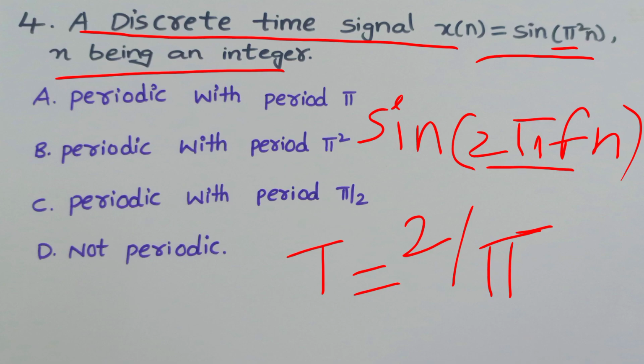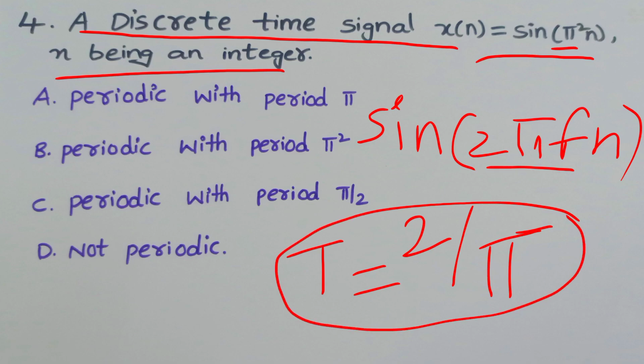Always remember the time period should be in terms of integers only. There should not be even a single imaginary part or a single pi component. The time period of a periodic signal should be in terms of integers only, but here it is not an integer. Pi is also included, so we can say this particular signal is not a periodic signal.